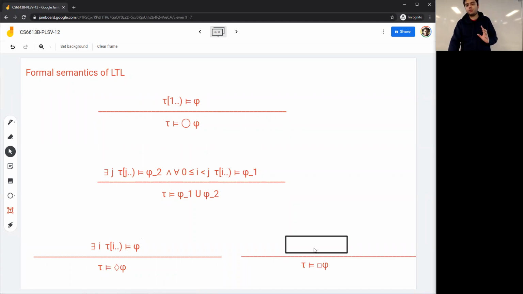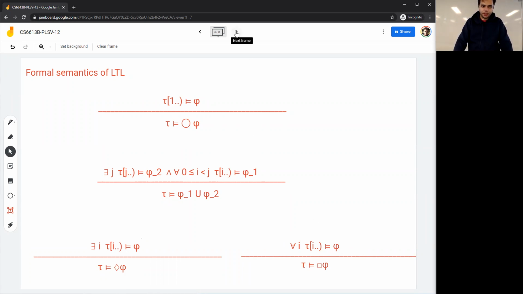So we need phi to hold at every time. So this would be it: for every time i, if I only look at my system from time i onwards, then that trace also satisfies phi. Okay. So these were the formal rule-based semantics of LTL.